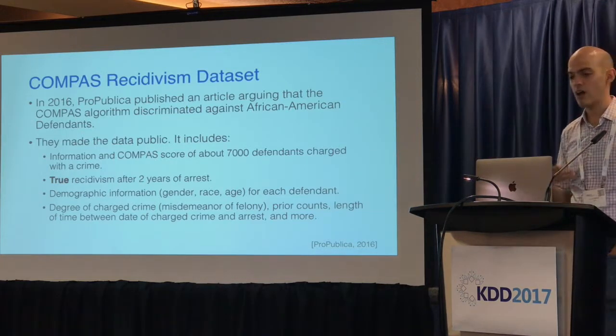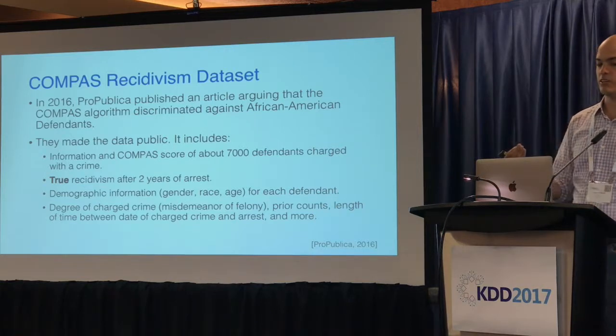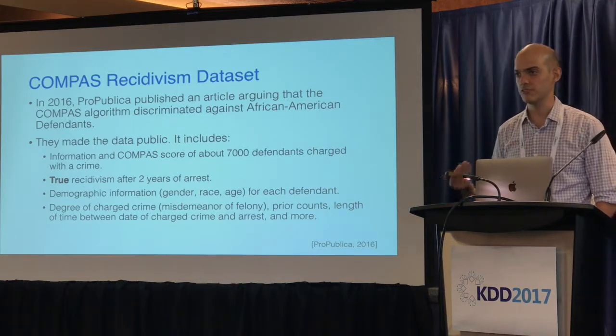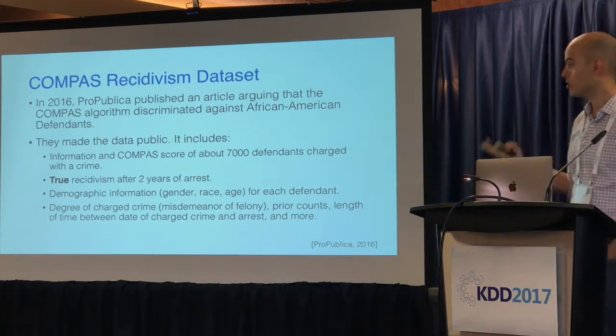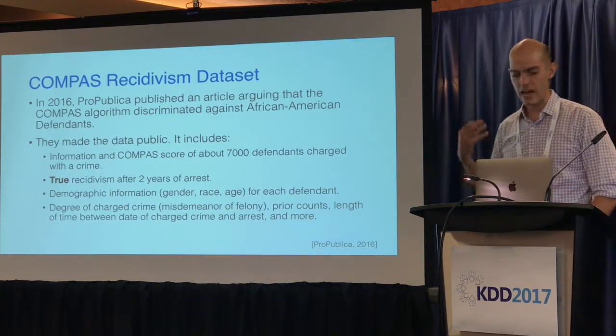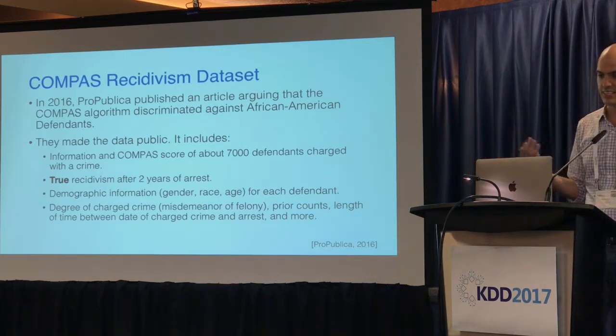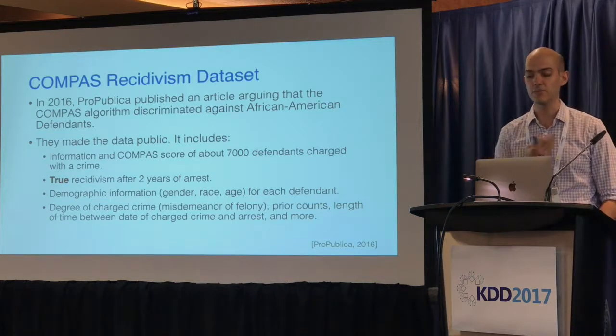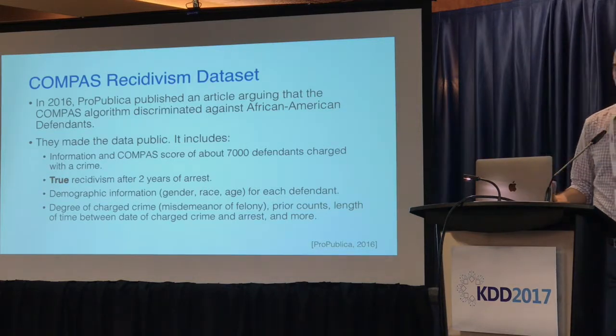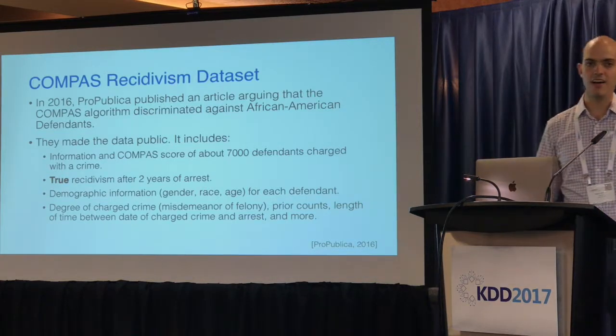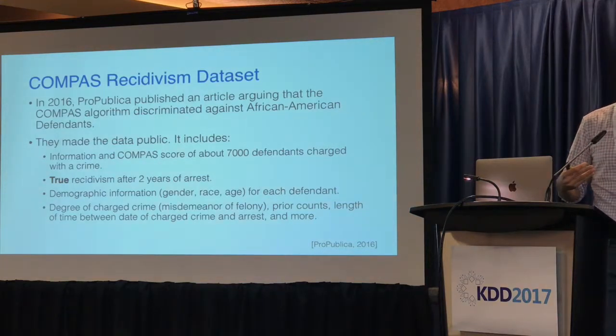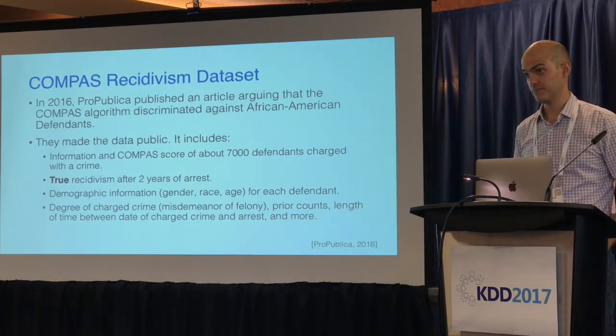And on top of that, you have a lot of information about different features of the defendants. You have things like gender, race, age, and you also have some other features in this data set, things like degree of charged crime, if it's a misdemeanor or a felony, you have prior counts, length of time between when they committed the crime and when they were arrested, and so on.